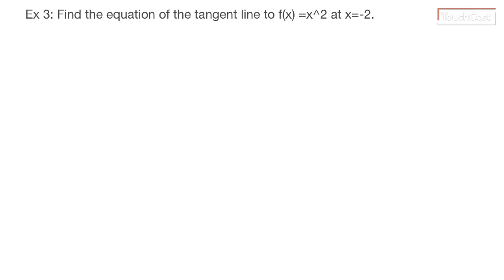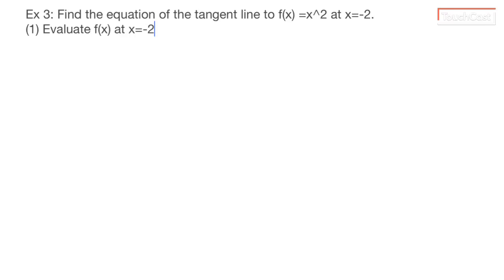The first of which, step 1, is we're going to evaluate f of x at x equals -2. So we're going to find f of -2. To do that, we've learned this since Algebra 2.